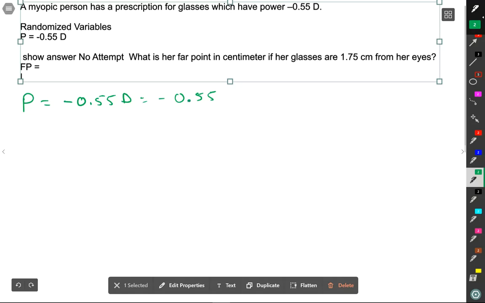Y'all did this last night. It's 1 over meters. So that's the power of her lens, which is 1 over the focal length. So they basically told us the focal length. When you know the power of your eyeglasses, you know the focal length of your eyeglass lens.